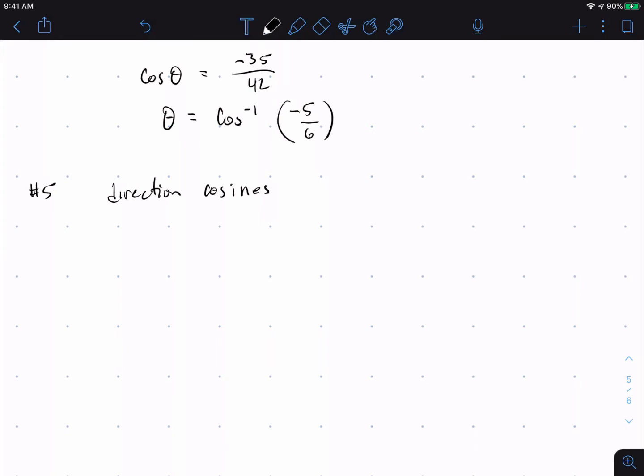The vector that I'm giving you is i minus 3j minus 7k. So I want to find out what cosine alpha is, what cosine beta is, what cosine gamma is. And once you find those, I want you to tell me what alpha, beta, and gamma are.